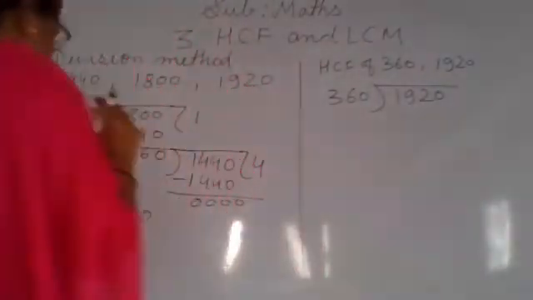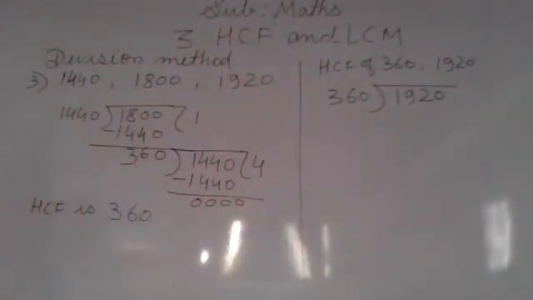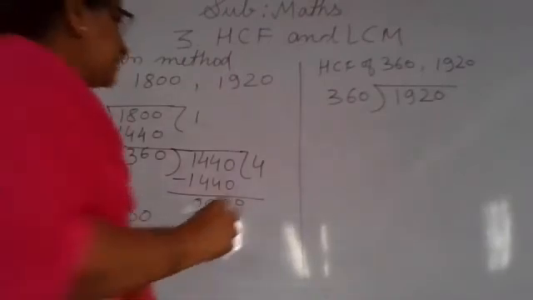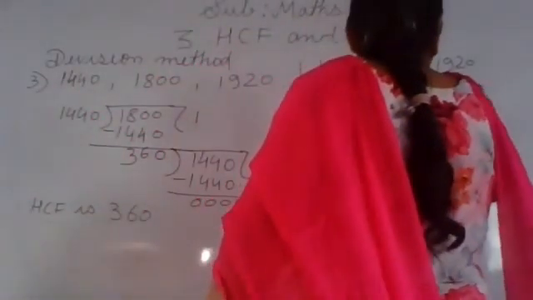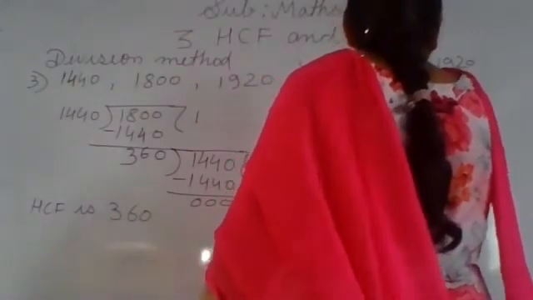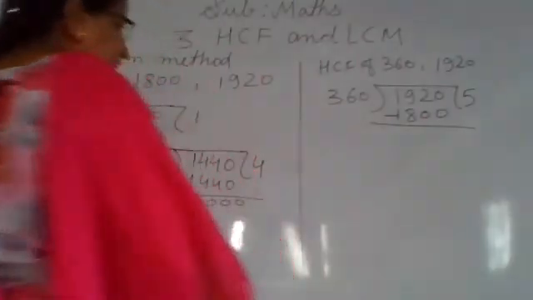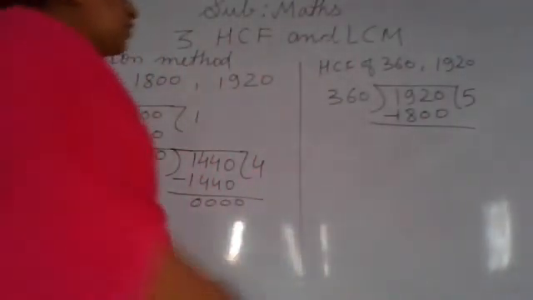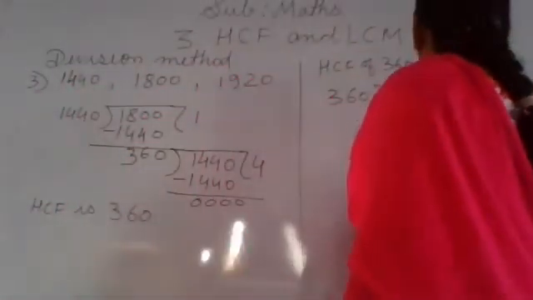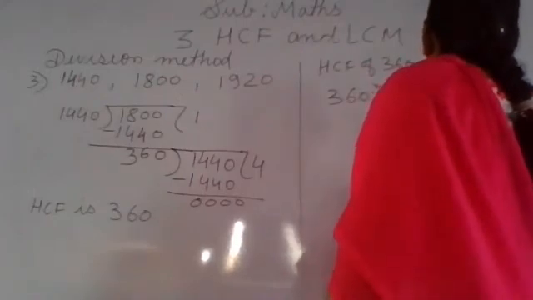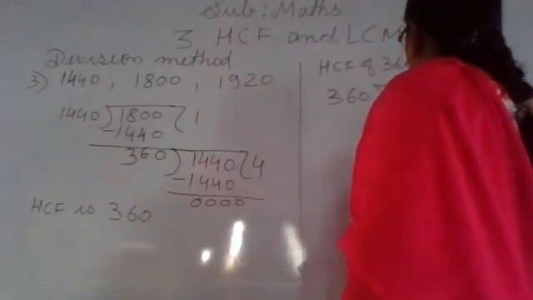How many times will 360 go into 1920? So you can solve it in rough. Yes. So it is 360 fives are 1800. Okay. Now subtract. What is left? 0 minus 0, 0, 2. So 120 is left. The remainder is 120.